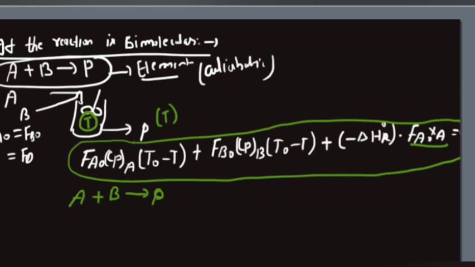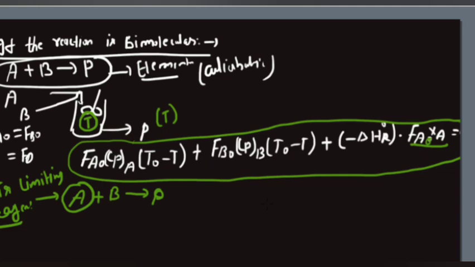If A is our limiting reagent, that's why I have written FA naught XA here, because the limiting reagent is the reagent which gets consumed in the reaction first. First the limiting reagent will get consumed 100%. Once the limiting reagent is consumed 100%, there won't be any reaction taking place.